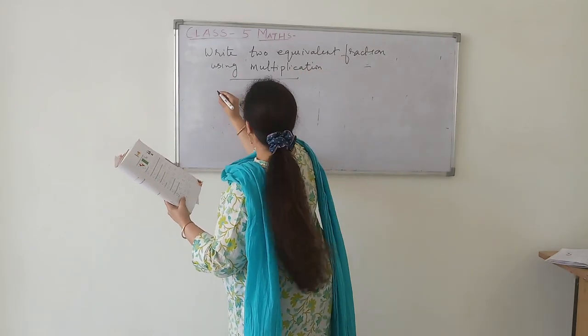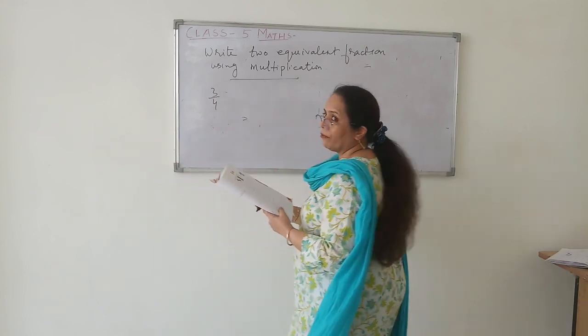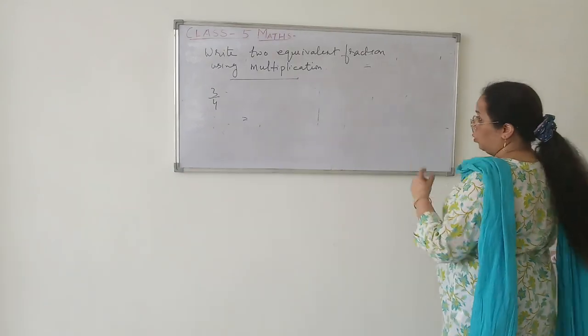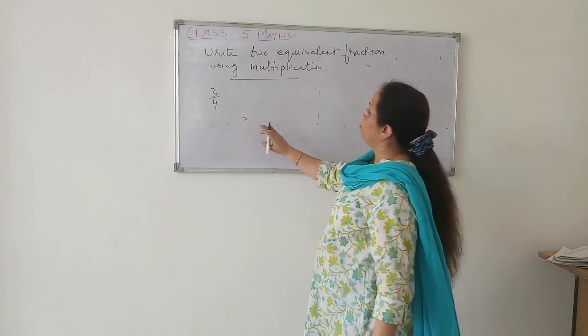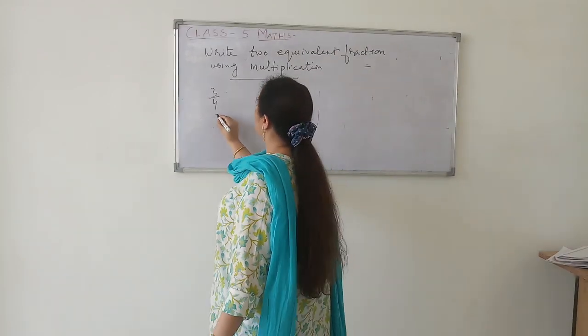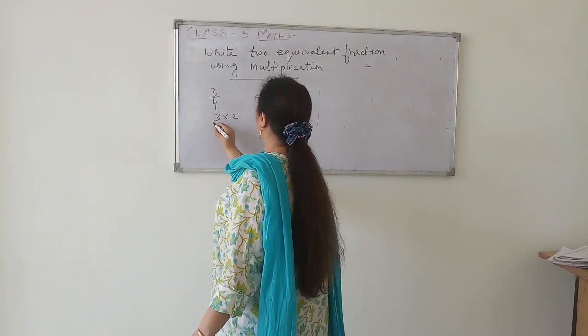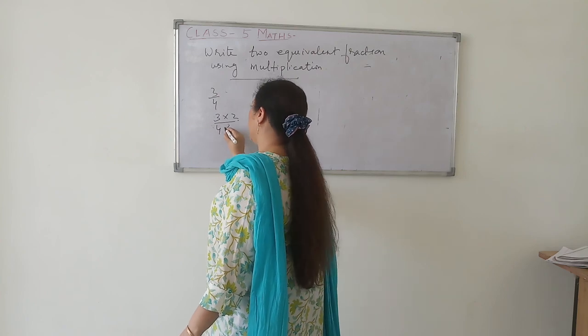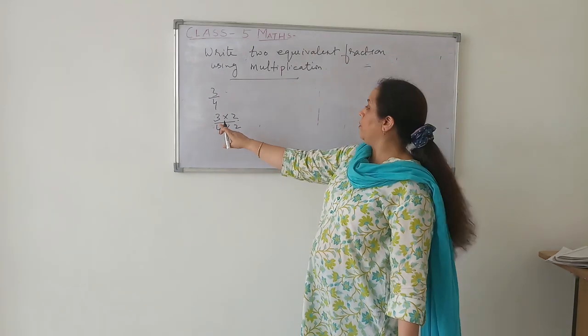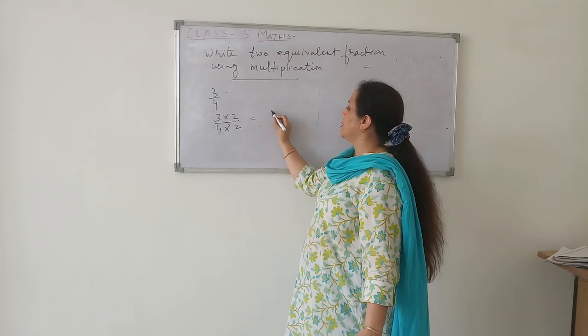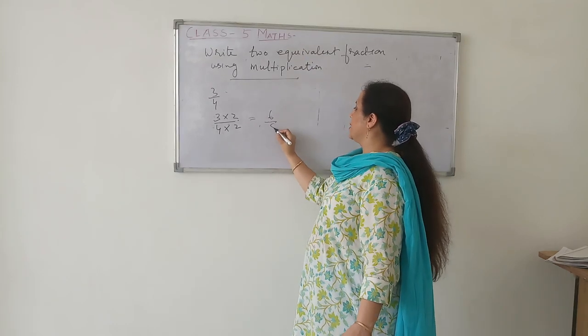In this you have 3 upon 4. We have to make two equivalent fractions from 3 upon 4. That means we will multiply both numerator and denominator, 3 and 4, by 2, and we will be getting 3 into 2, that is 6, and 4 into 2 is 8.